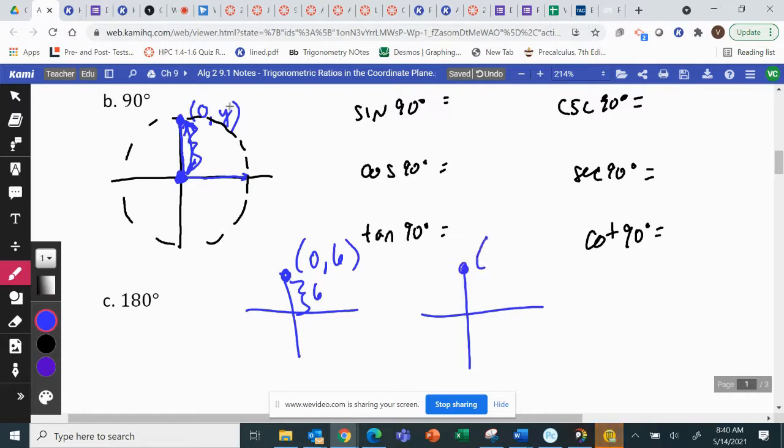Warren, if this is 0, 10, how long is this? 10. Where are you getting those numbers from? The 6 and the 10, you were totally right on those. Where are they from? I don't know. Yes, you do. They just like magically came to you?